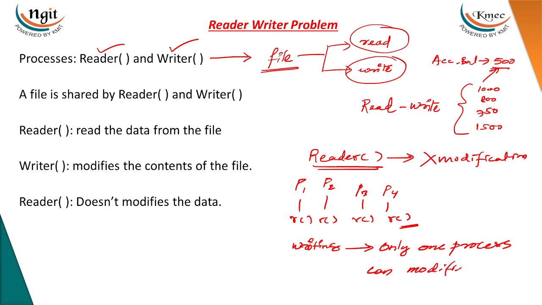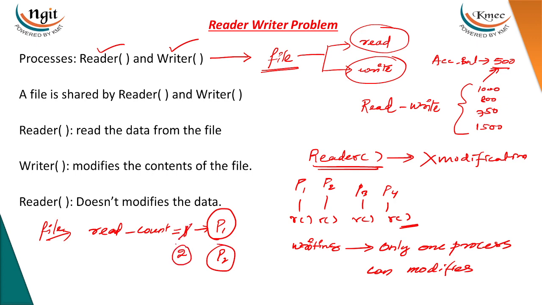For that, we use a variable called read count. If read count equals 1, that means process P1 has read the file. If P2 also reads the file, read count becomes 2. At that point, if read count equals 2, you cannot allow any process to perform the write operation.